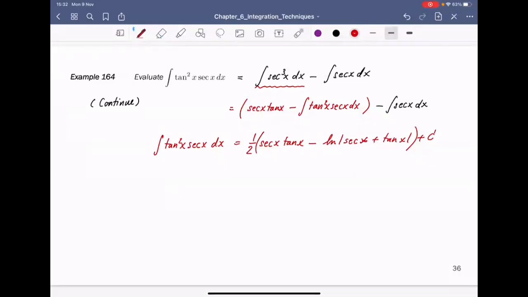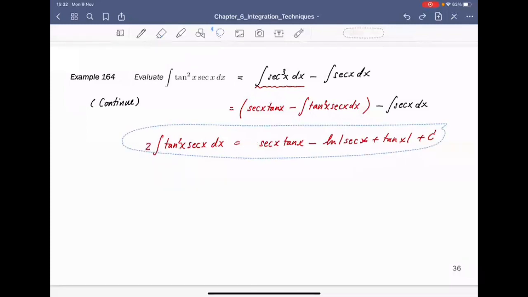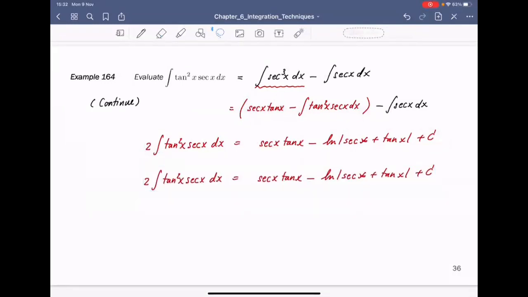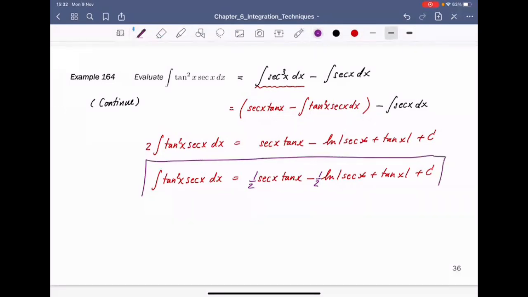I'll go slower than that, because some of you don't like when I skip steps. So I divide everything by 2, right, everyone? So this is going to be 1/2, and C over 2 is just C, just a constant. All right, this is our answer.